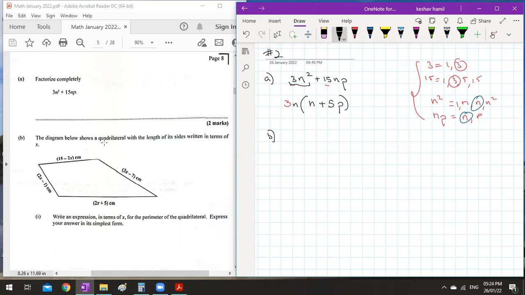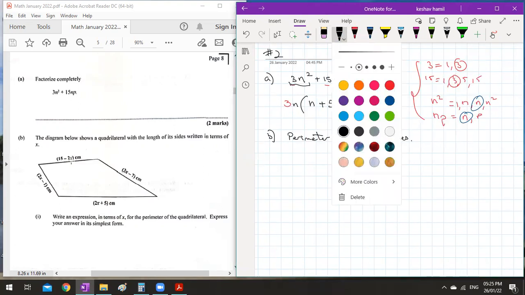The diagram below shows a quadrilateral with the length of sides written in terms of x. Write an expression in terms of x for the perimeter of the quadrilateral. So perimeter, for any shape, more or less, is to add the sides. So we start on the top.